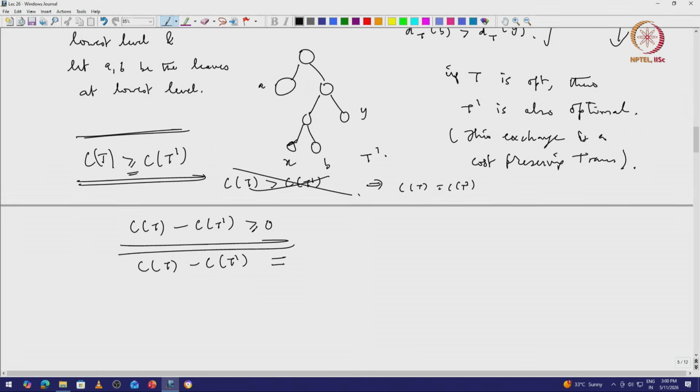So, A was earlier equal to length of the code word x times frequency of x plus length of the code word a times the frequency of a.